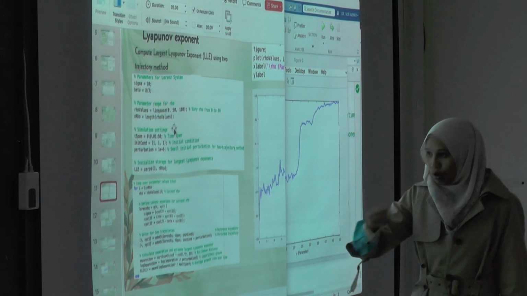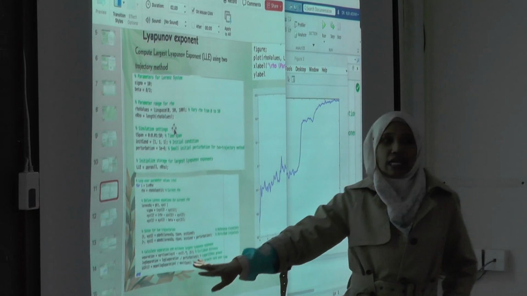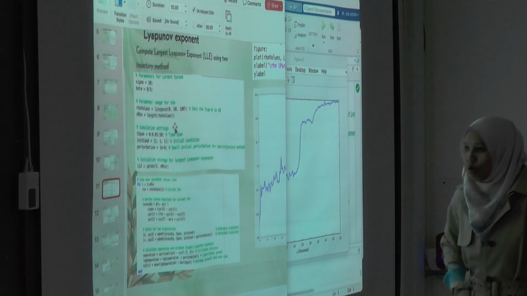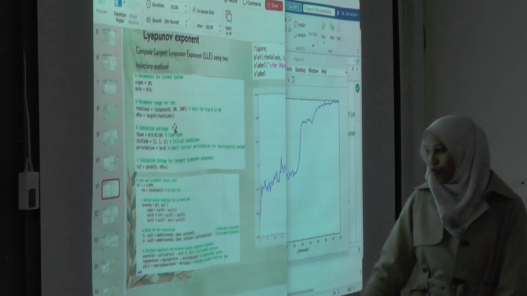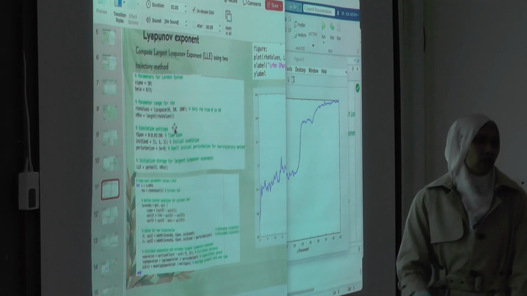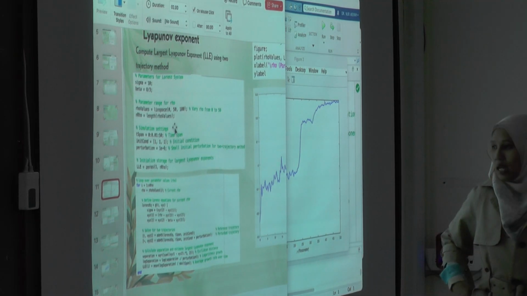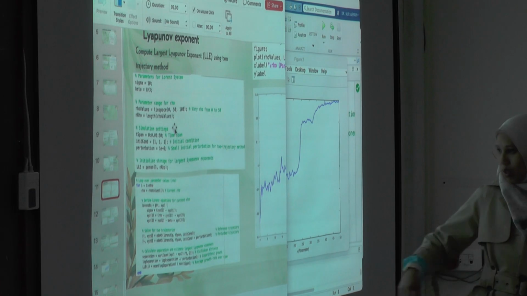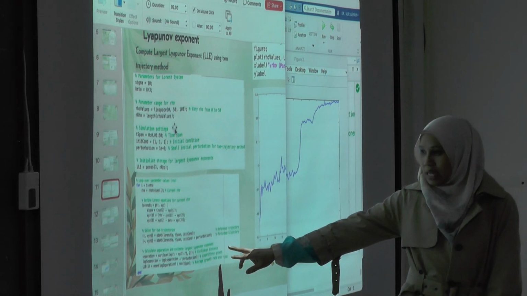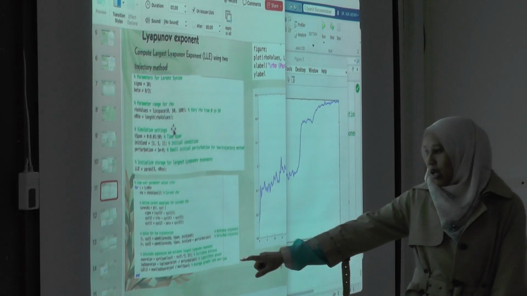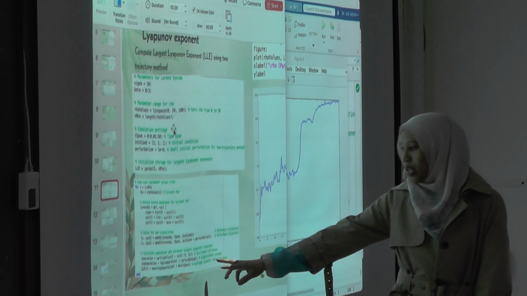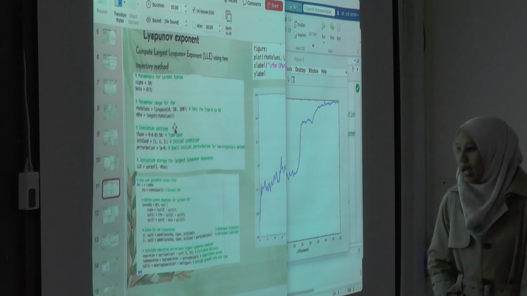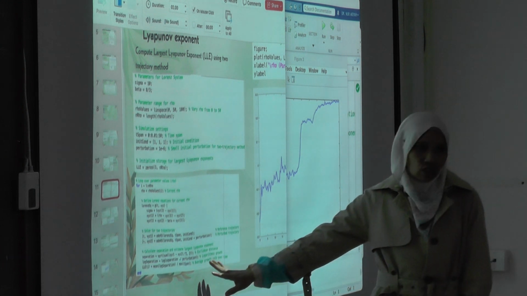Okay, and then we can calculate the separation. This calculation is very important for us to get the Lyapunov exponent. First we check the distance, and then we find the logarithmic growth, and then we find the average of the growth.